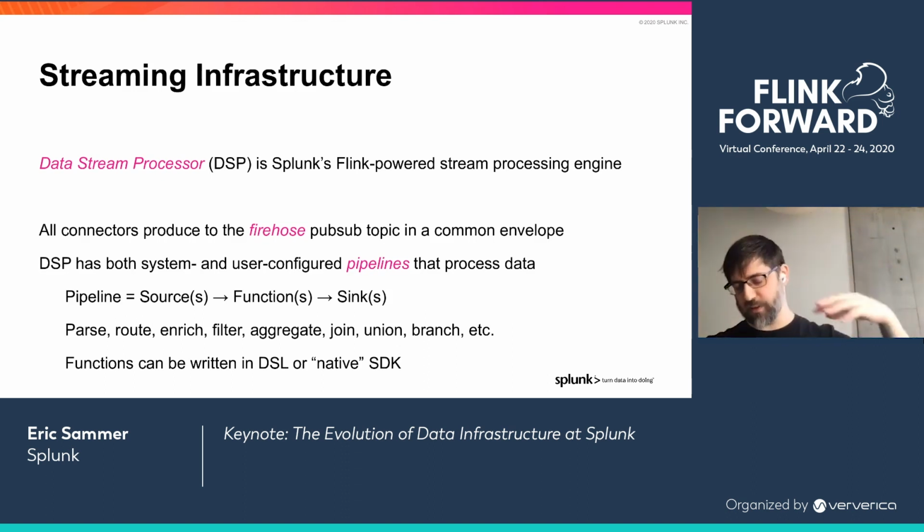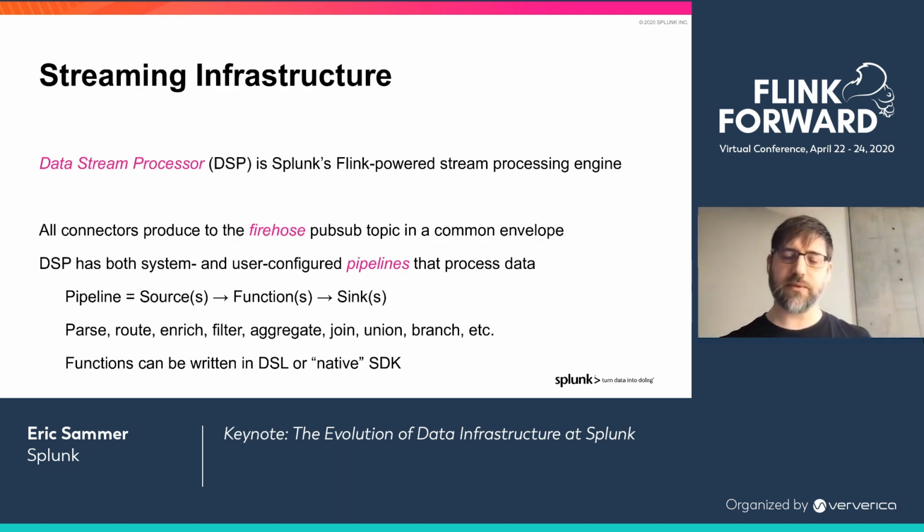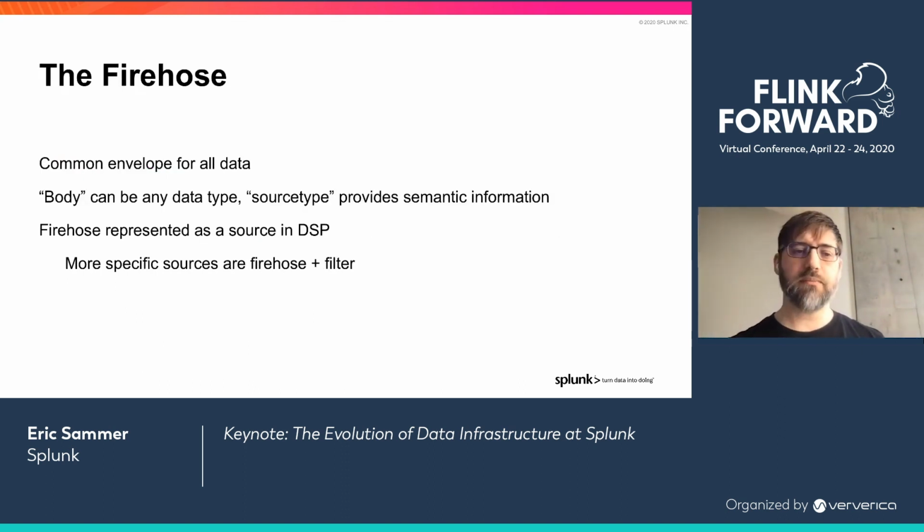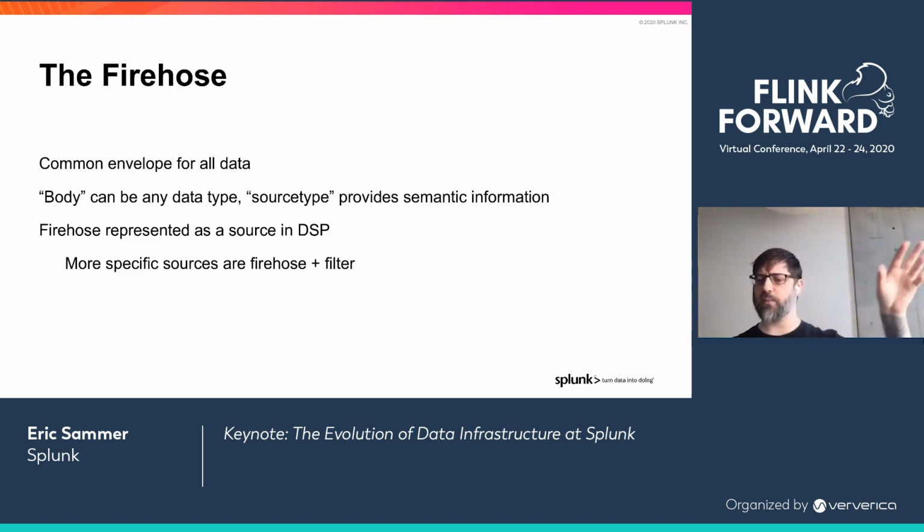But we actually do a bunch of stuff before that to make sure that people don't build wacky pipelines and stuff like that. This Firehose concept is actually super useful to us. It does give us this common envelope for all of the data. There's a lot of information there that I think we talk about in other public forums.